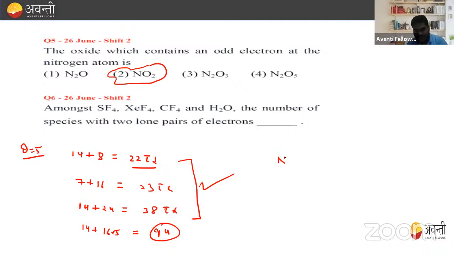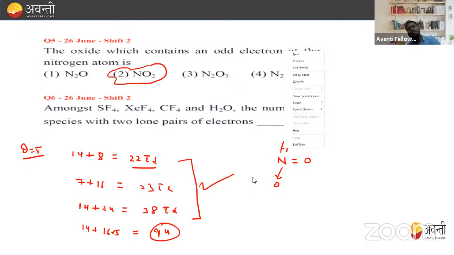N with a double bond to O, and this other O has one electron only, not a lone pair. So this is the structure of NO2. NO2 is the only one with an odd number of electrons in all four options.